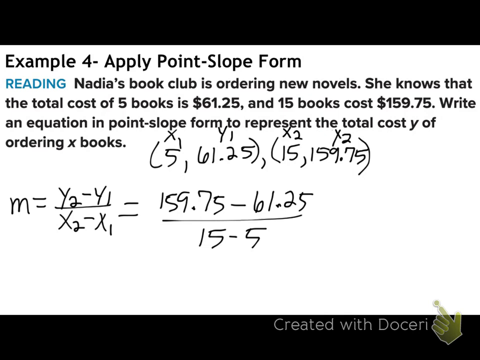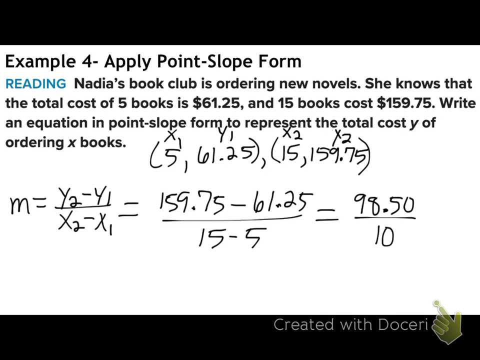Yes. Okay. Someone who's got a calculator, type in 159.75 minus 61.25 and tell me what you get. I got 98.5. I'll put 98.50 since we're dealing with money. What's 15 minus 5? 10.